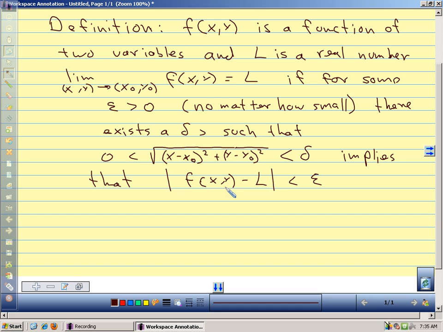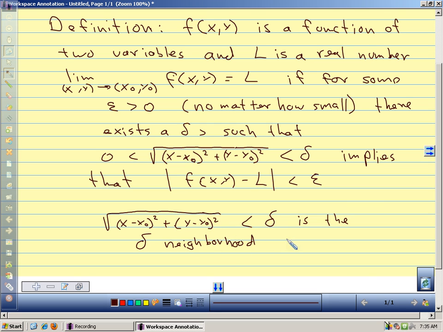We call this quantity, the square root of (x minus x0) squared plus (y minus y0) squared, and if you go further in math, this will play a big role, the delta neighborhood about (x0,y0).